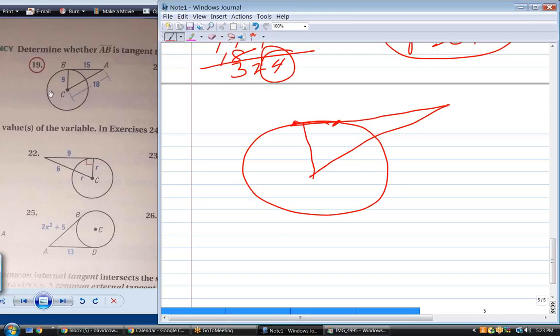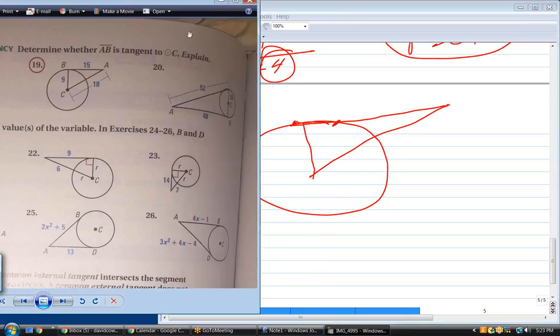Merely because we know that 9 squared plus 15 squared is not equal to 18 squared. That's all the further we have to get. We don't need to solve for that angle. We just have to show that it's not equal to 90 degrees. And we can show that by proving that 9 squared plus 15 squared is not equal to 18 squared.